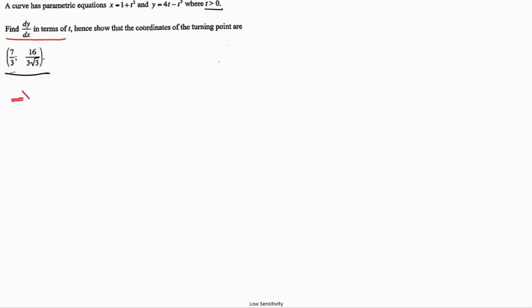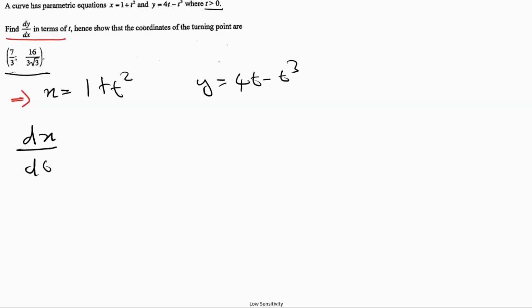So how do we go about that? We have x equals 1 plus t squared, and y equals 4t minus t cubed. What can we derive from here? We can get dx/dt.